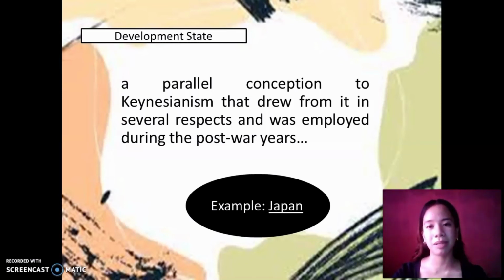So this development state followed when Japan also had its developmental state. This developmental state happened during the Meiji Restoration in 1868. The Meiji Restoration was the dissolution of the feudal state of government and the restoration of the imperial state of government.